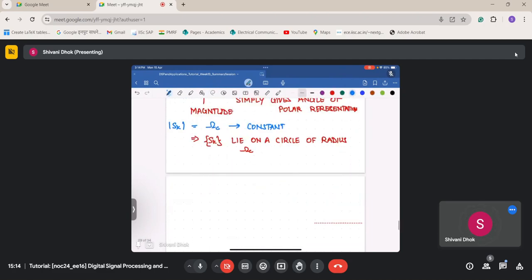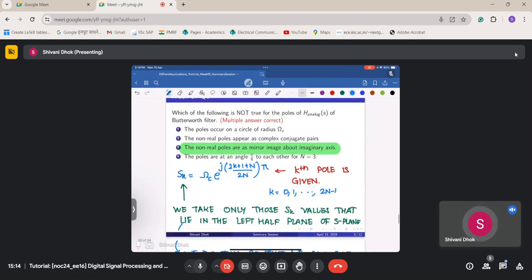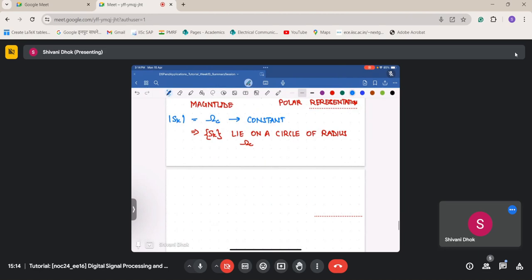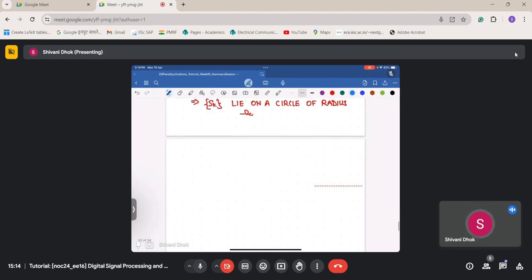Okay. So the second option says that non-real poles appear as complex conjugate pairs. Now what we have is that H of n is a real filter.